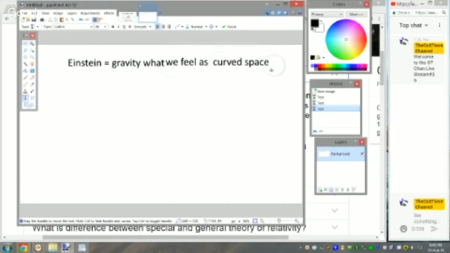Now, Tesla's view is different. He didn't believe in the space-time business. And Tesla, unlike other scientists, Einstein was a mathematician. Because you can prove something in maths doesn't mean it's in real life, doesn't mean it's reality.